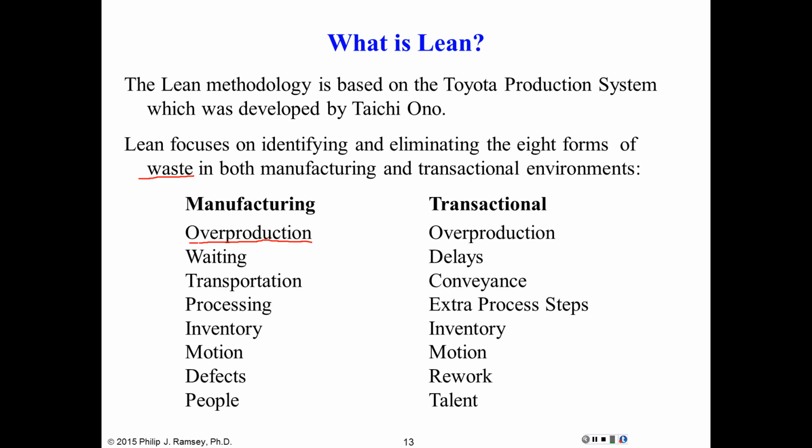So overproduction leads to a great deal of waste, producing stuff for which there may not even be a customer. Also, waiting, having people standing around waiting for something to happen. Transportation. It is amazing the amount of unnecessary movement that occurs in goods and services, in terms of manufacturing, even producing a service.